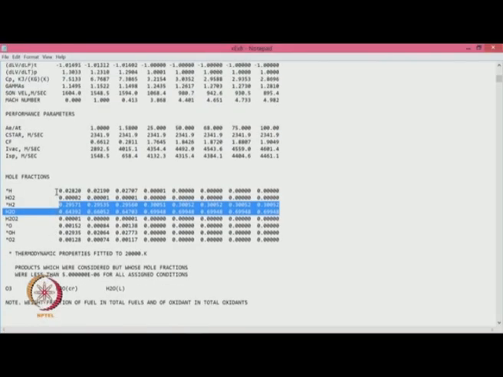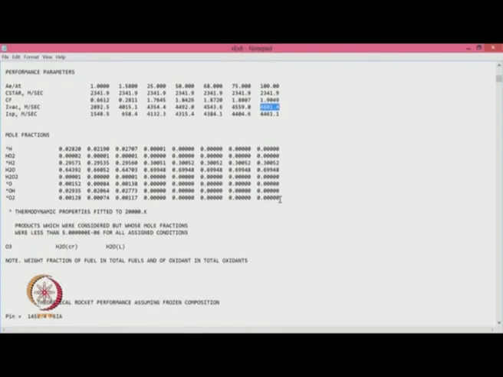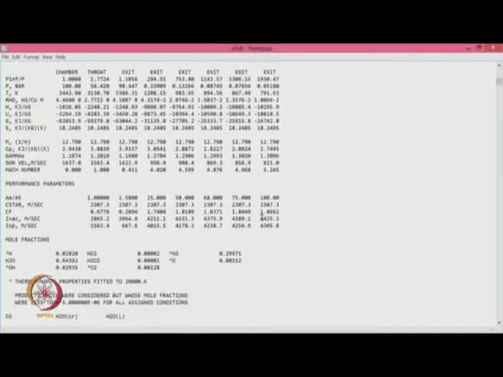Now, take a look at the ISPs. Let us take these last two values. We will take a look at only the vacuum specific impulse. This is roughly 4600 at 100 area ratio. Now, if we do a frozen flow analysis in the nozzle, it reduces to 4425 at the same conditions of AE by AT.